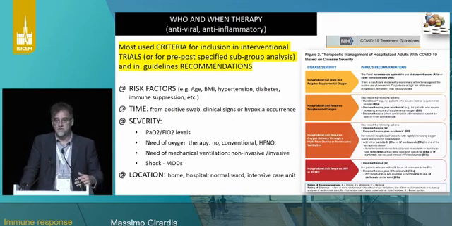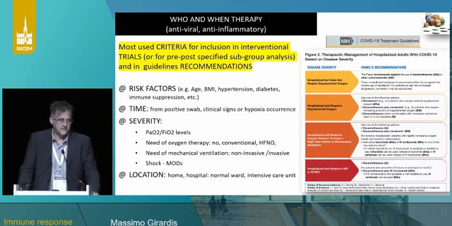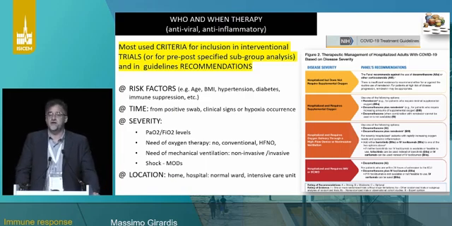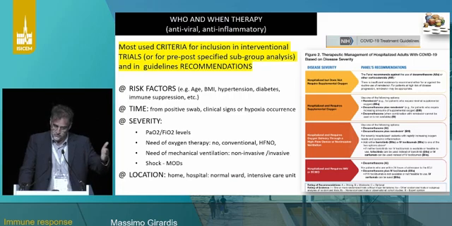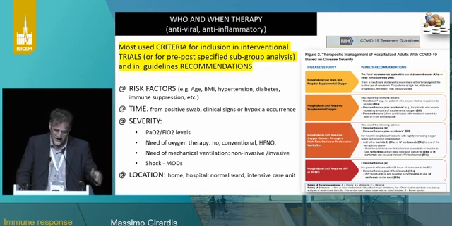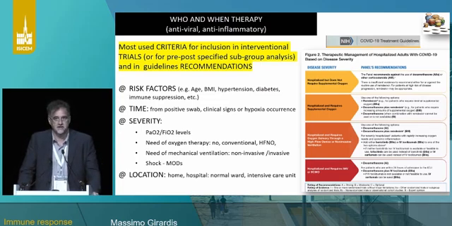If you're at home, in hospital, normal ward, intensive care unit. In the right part of the slide, you have the last indication from the NIH for treatments, published, I think, 2 days ago. In the two shades of orange and the red one, you have why you have to use this kind of treatment.